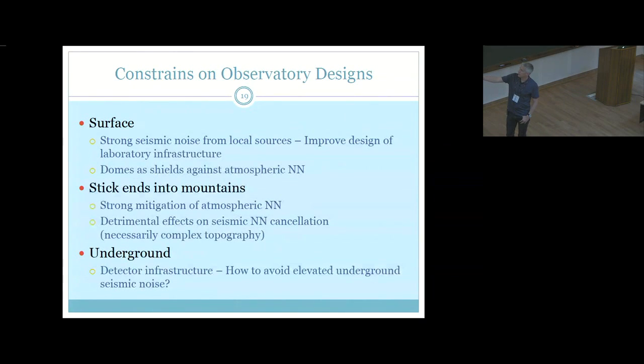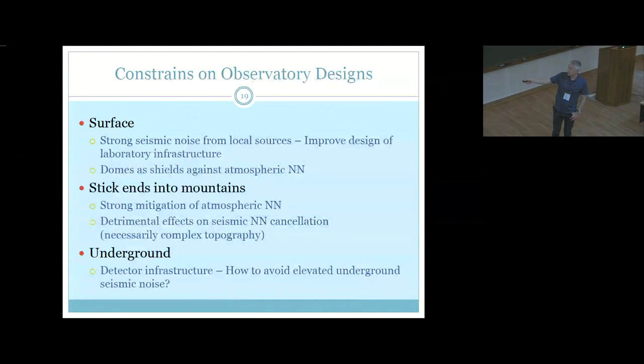I've one slide again summarizing a little bit the constraints on observatory designs. For the surface, you would have the option to improve the design of laboratory infrastructure to move away sources of seismic noise as far as possible. And you could consider exotic techniques like constructing domes as shields against atmospheric Newtonian noise or recessed structures as I showed.